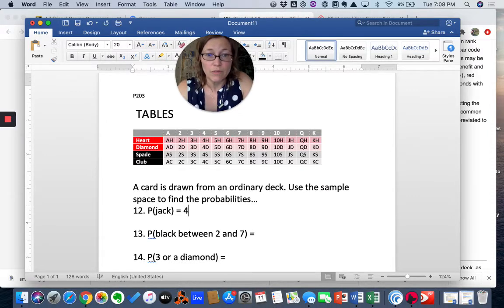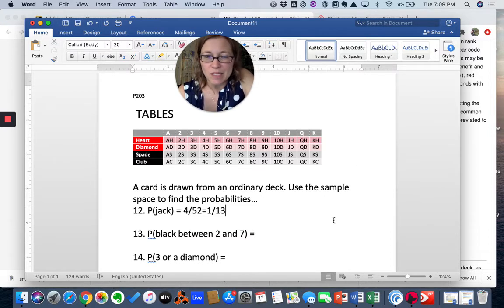Now we know that number goes on top, and then the total number in the sample space goes on the bottom. Well, I've got a grid that's got 4 rows and 13 columns. 4 times 13, 52. We could reduce that fraction if we want. We could write it as a decimal or a percentage, or we could just be happy with 4 out of 52.